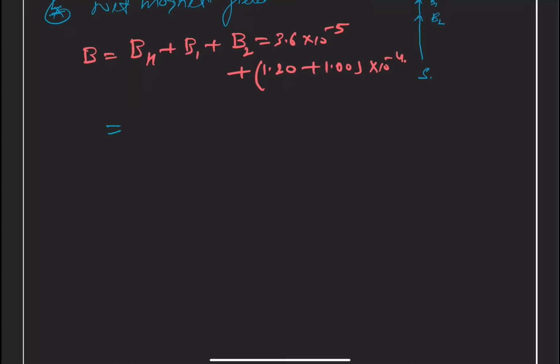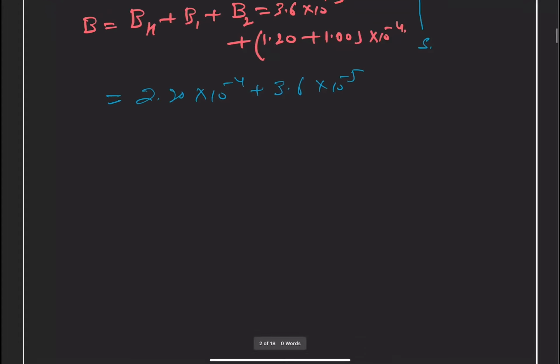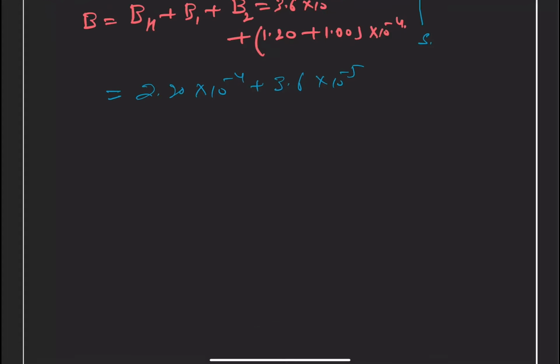So this comes as 2.2 into 10 to the power minus 4 plus 3.6 into 10 to the power minus 5, and therefore it gives us that B will be equal to, the only difference is the power, so this comes as 2.56 into 10 to the power minus 4 Tesla.